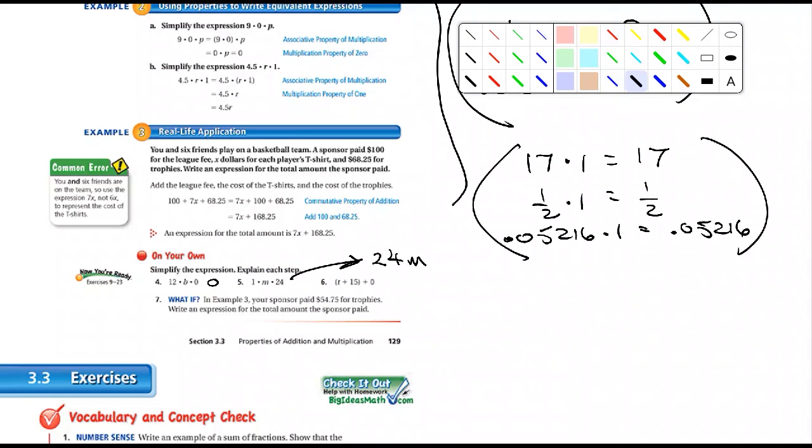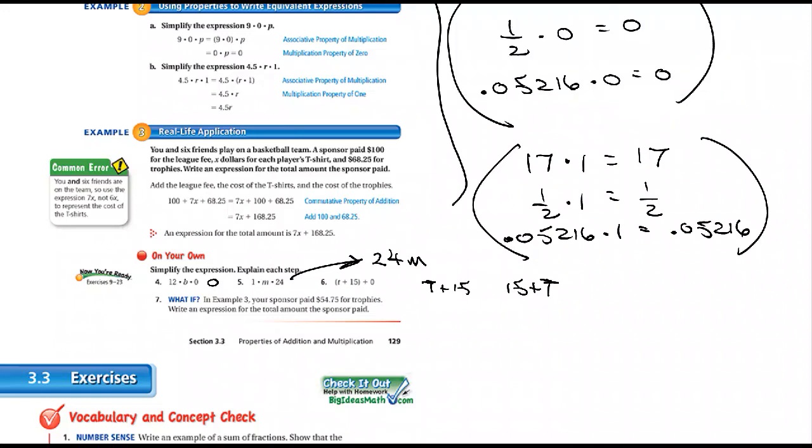We're doing m times 1 equals m. So number 6 here, we've got t plus 15 plus 0? So that's just going to be simply t plus 15. Or maybe somebody would write 15 plus t. I'm not sure what they would look for there.